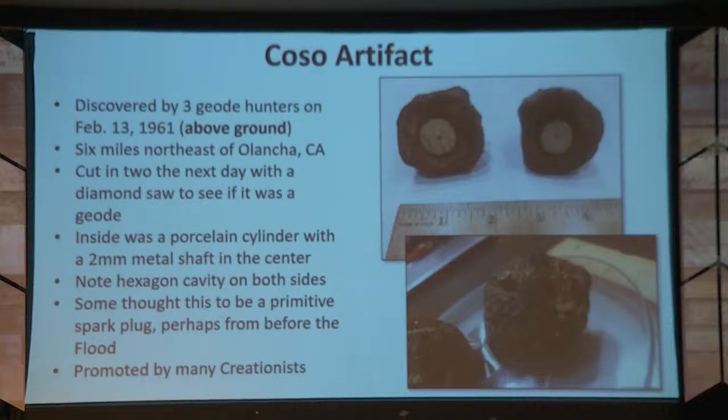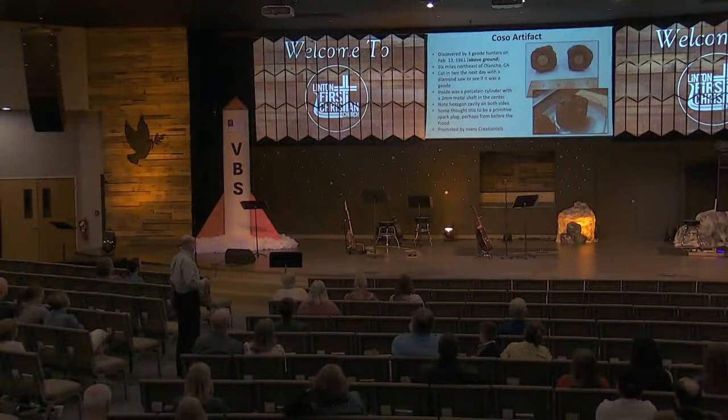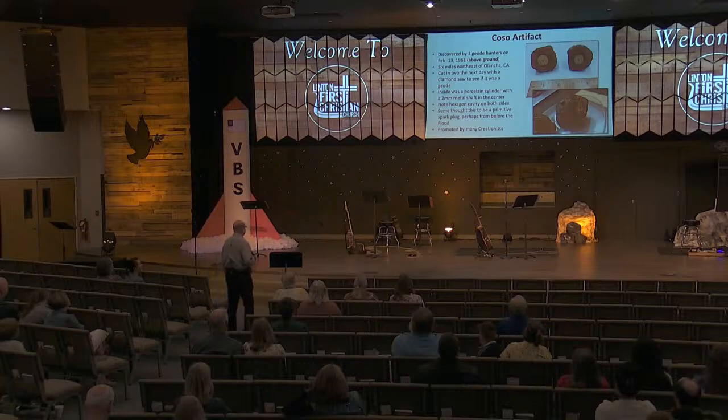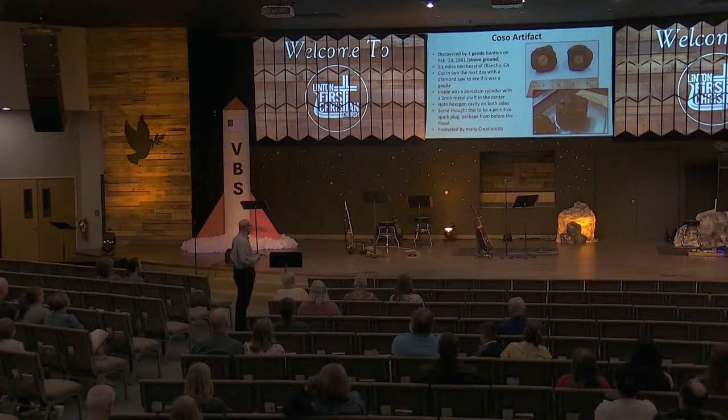And so a lot of people thought that this looks like a spark plug. They thought it was a primitive spark plug. Maybe. And so there were a lot of creationists that gave this as an example of pre-flood technology. So it was promoted by a lot of creationists.